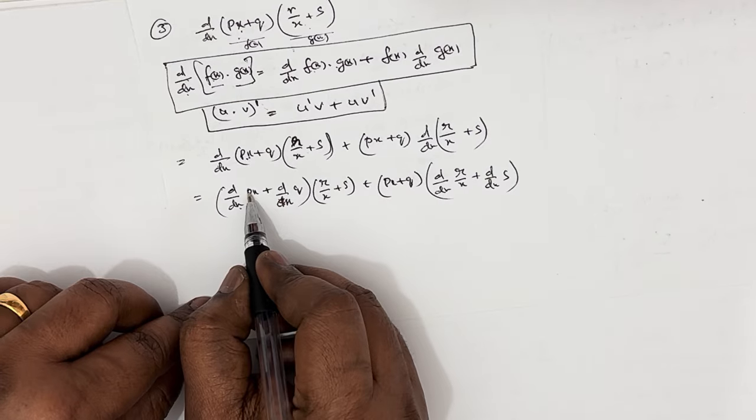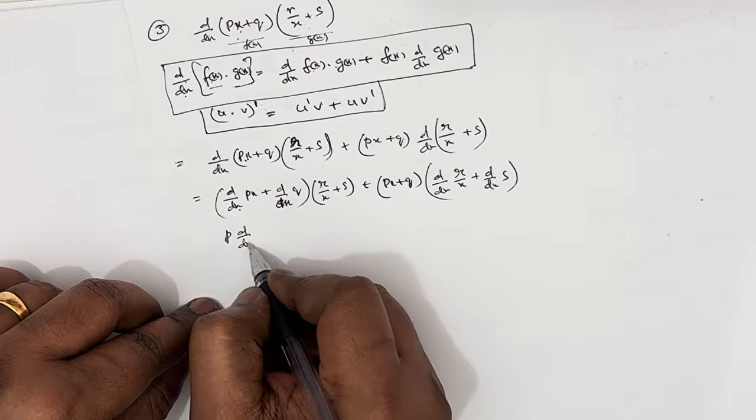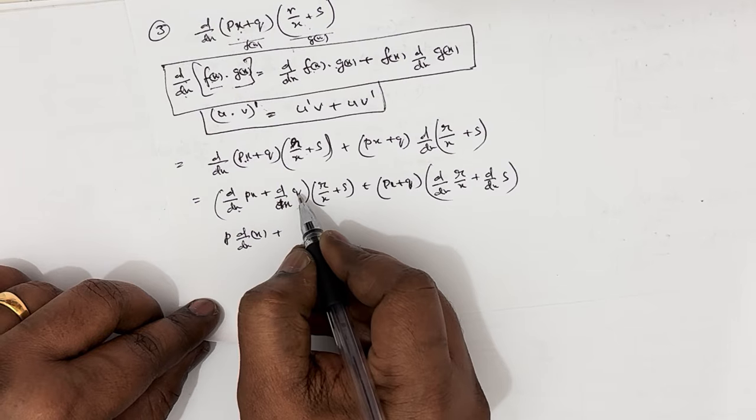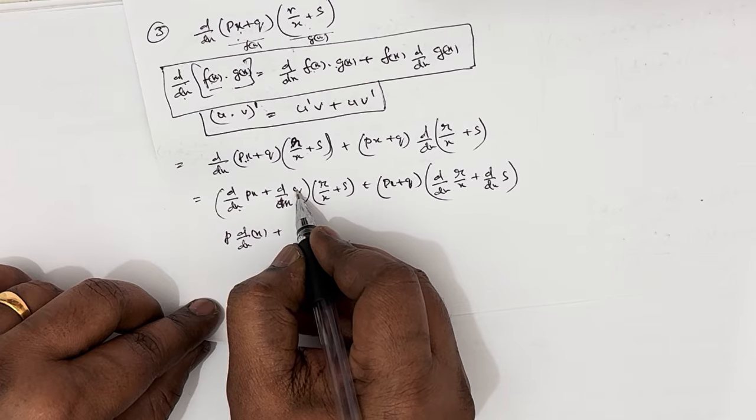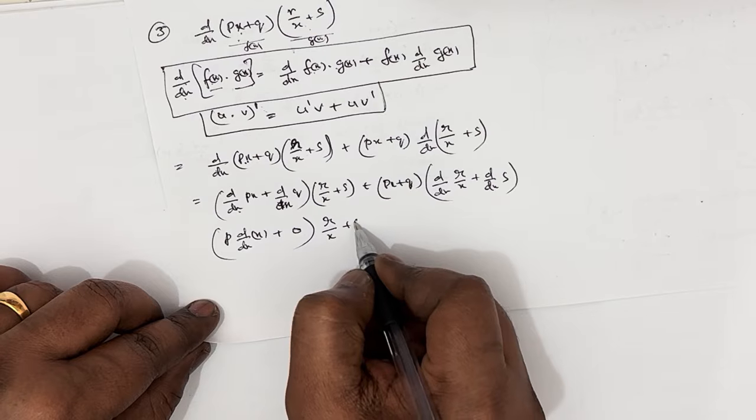P is a constant, so p can be brought out: p d by dx of x, plus q is a constant, so the derivative of the constant is 0, times r by x plus s.